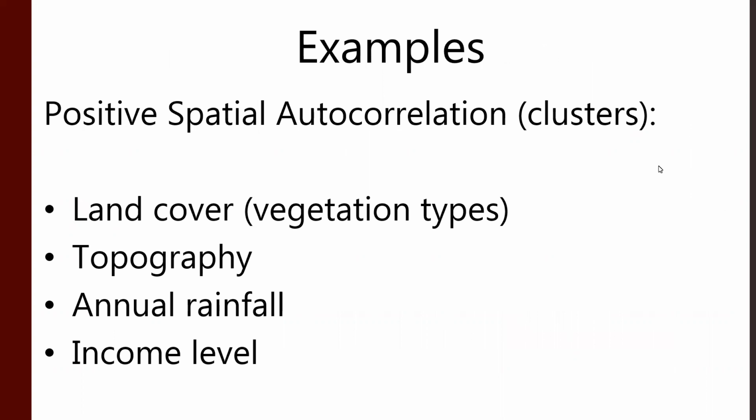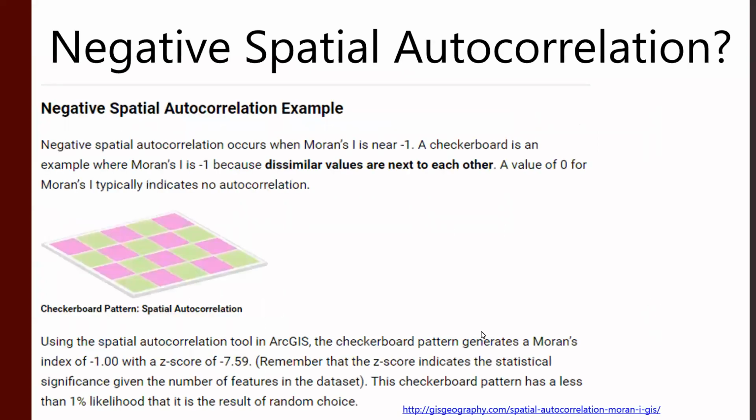We can look at things that have clustering, positive spatial autocorrelation, where yes, things closer to each other tend to be similar. Land cover, rainfall. Look at census data, you get income level. Negative spatial autocorrelation would have dissimilar values next to each other, a checkerboard pattern.